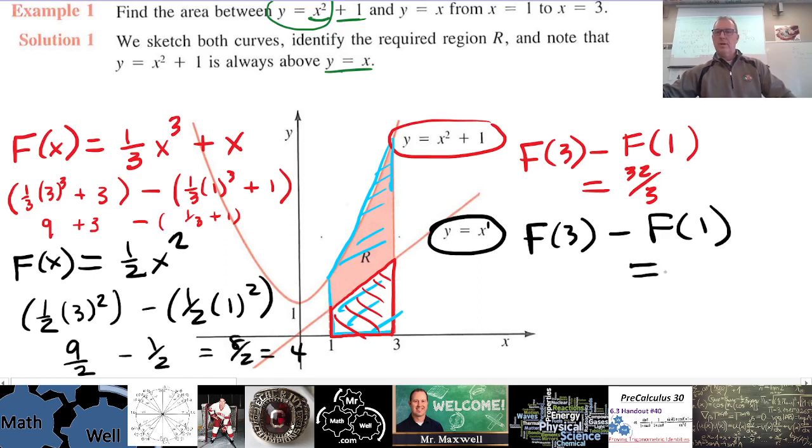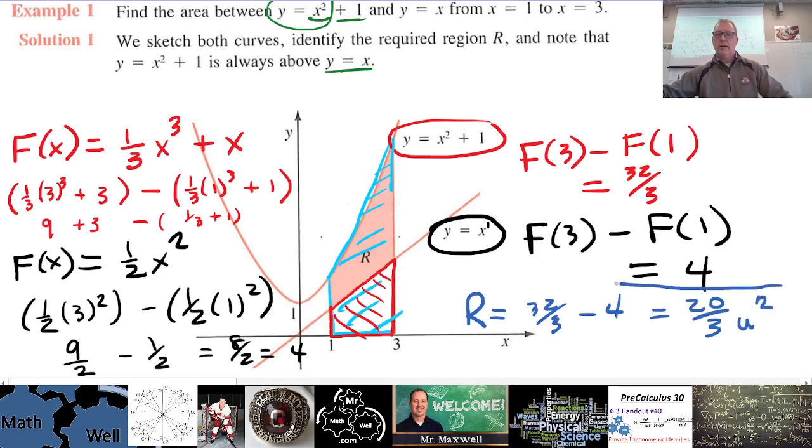So the black one is 4. Okay, so 32/3, so my total here, my answer, the area of R is going to be 32/3 minus 4, which is 20/3. And that's going to be just units squared.